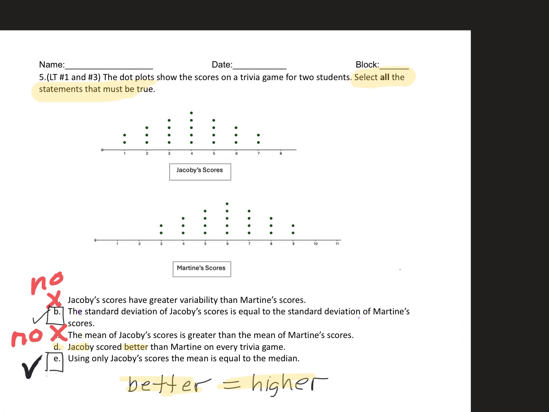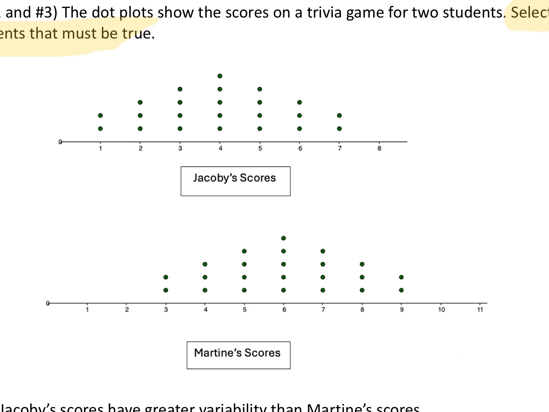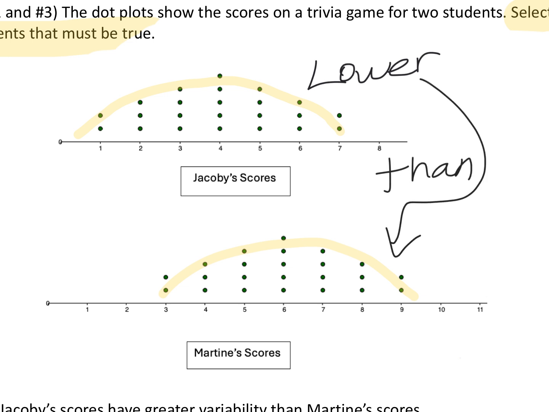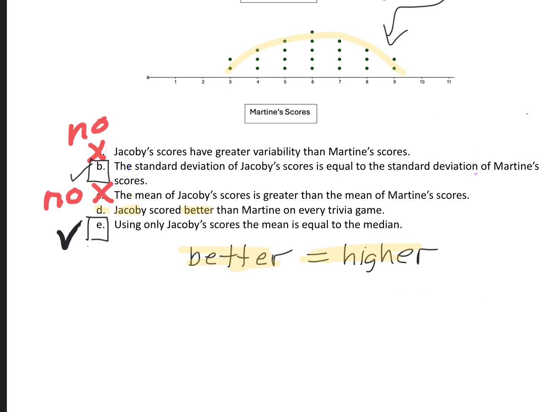So if we look up here at our data set, you can see that Jacobi scores are overall actually lower than Martin's scores because most of Jacobi's scores are over here to the left where lower numbers are. So that means that Jacobi did not score better. So this one is also a no. So the two answers that are correct are B and E.